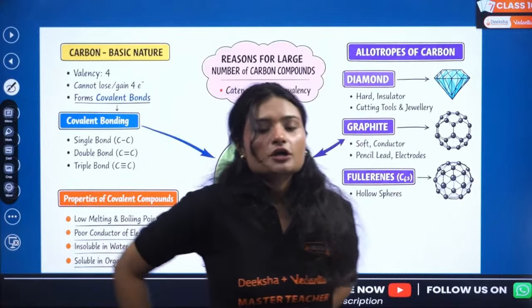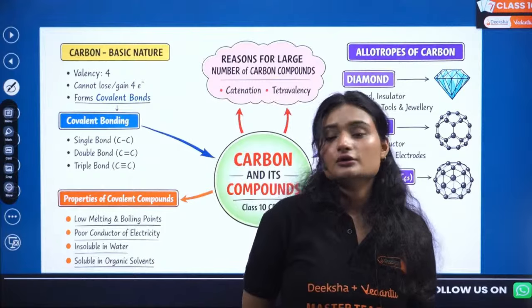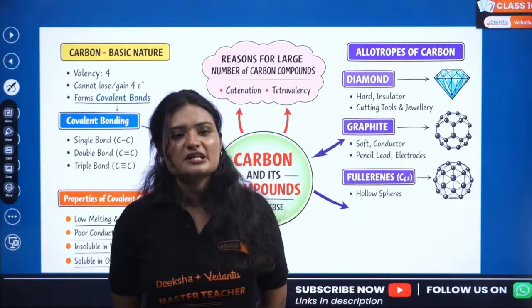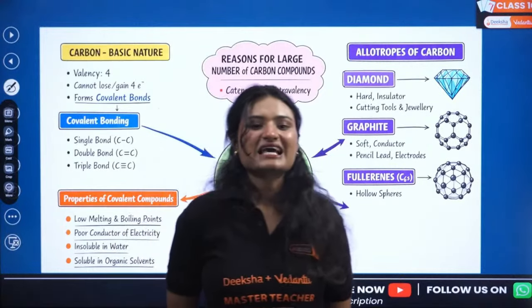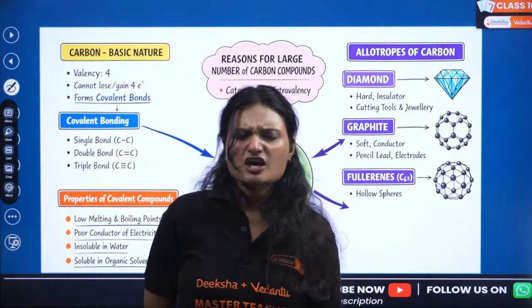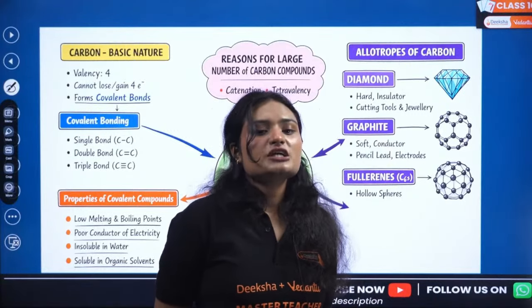Why do we study it? What makes it so versatile, so unique that you have an entire chapter dedicated to it, my dear kids? Because of its properties. What properties? Catenation and tetravalency. What is catenation? Catenation means it can form long chains of compounds.